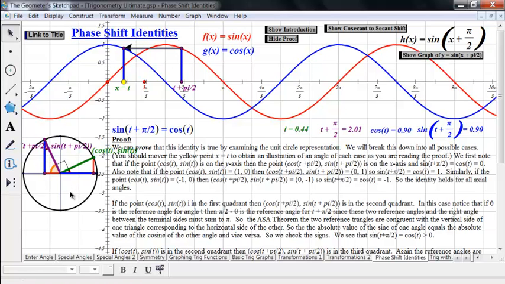The blue side down here is basically the cosine of this angle that goes with the green terminal side, and the blue side here is the sine of this one here, and those are going to be the same size. However, what about the signs, positive or negative? Both of these are positive, the cosine in the first quadrant and the sine in the second quadrant, so in fact those are equal to each other.